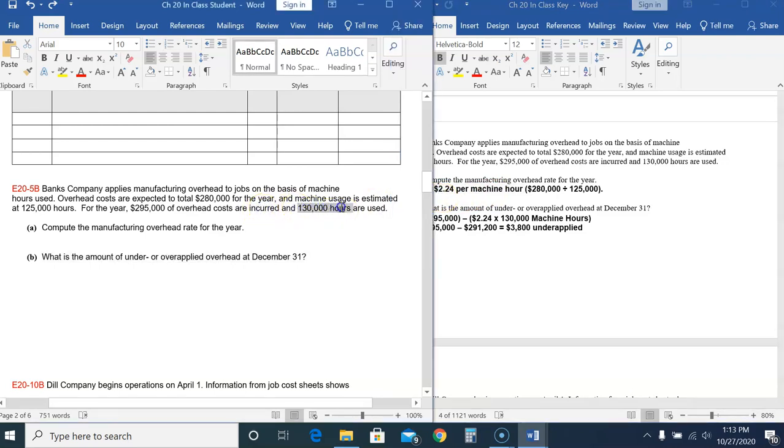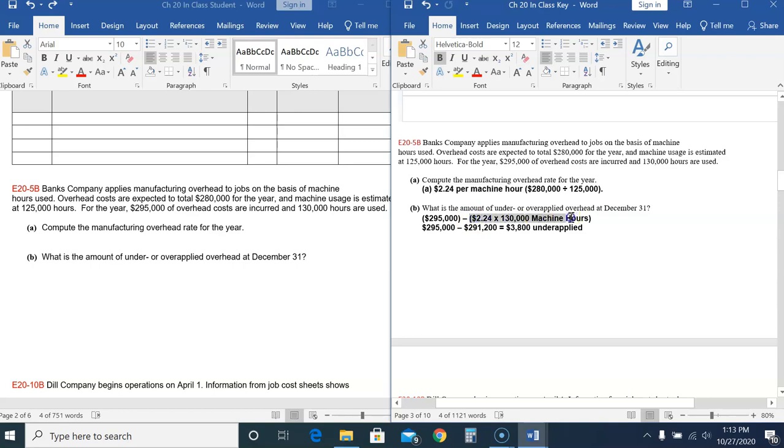If during the year 130,000 hours are used, it means that we would have allocated or applied an estimate of $2.24 times 130,000 machine hours.